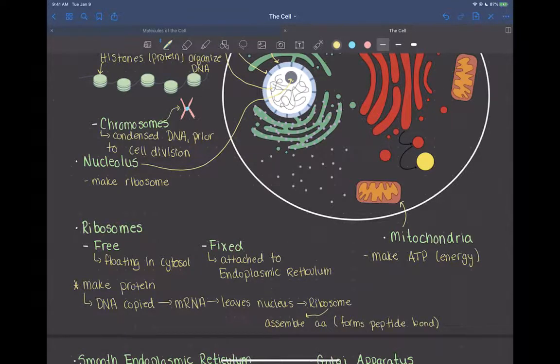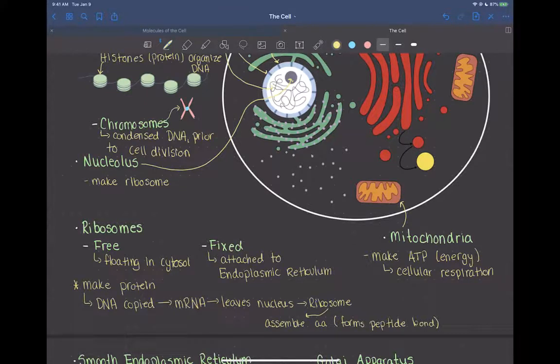It does that through a process called cellular respiration. We're not going to go into detail this semester about cellular respiration, but you'll learn about it with metabolism next semester.